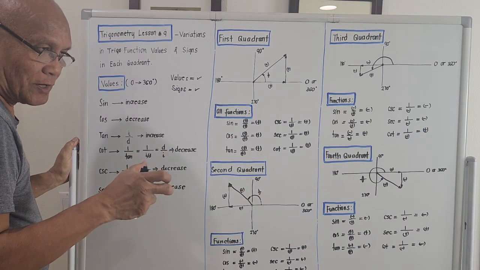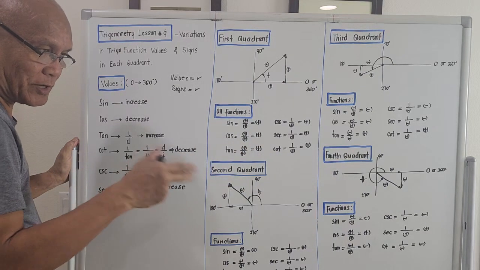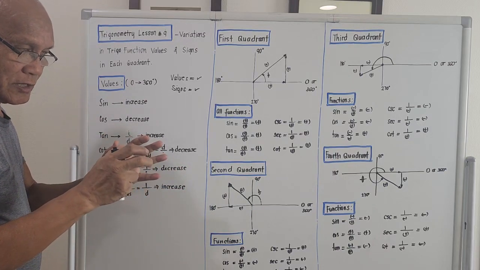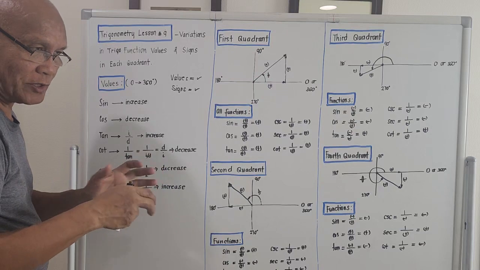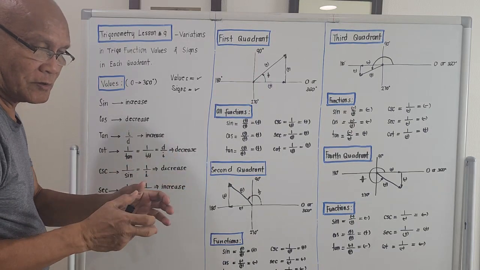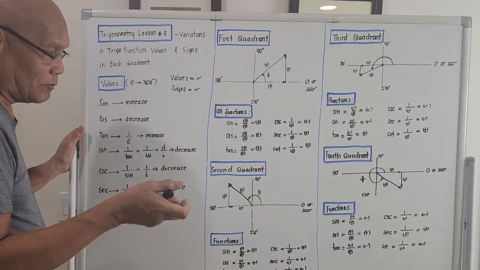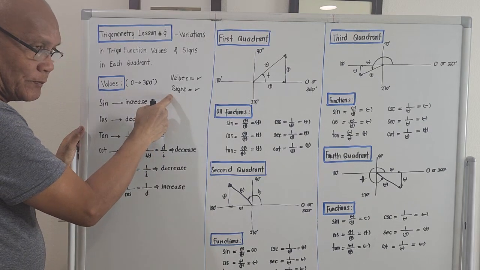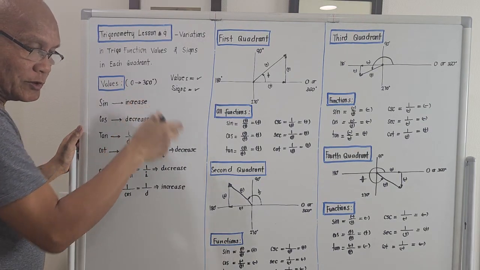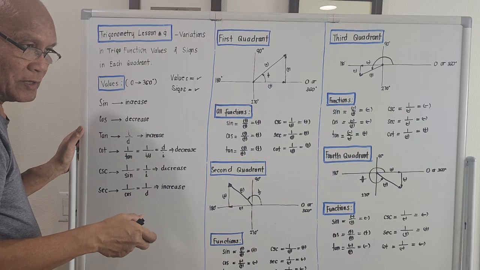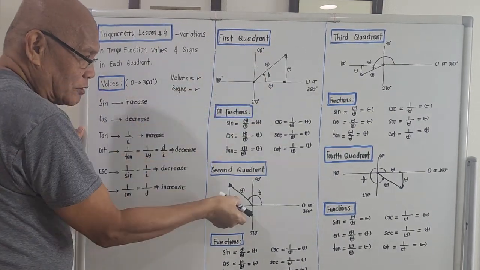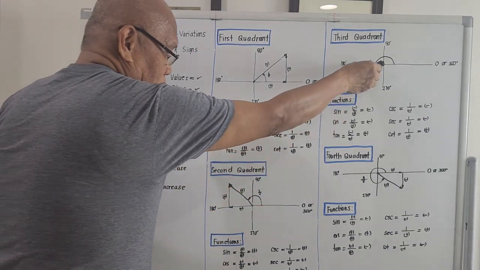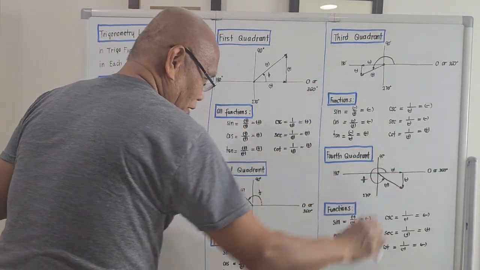Because if you are now through with the study of trigonometry, as soon as you see an angle, you should know what will be the variation in its value. Will it increase or decrease? And the next topic will be the proper signs of the different trigonometric functions in each of the 4 quadrants: first quadrant, second quadrant, third quadrant, and fourth quadrant.